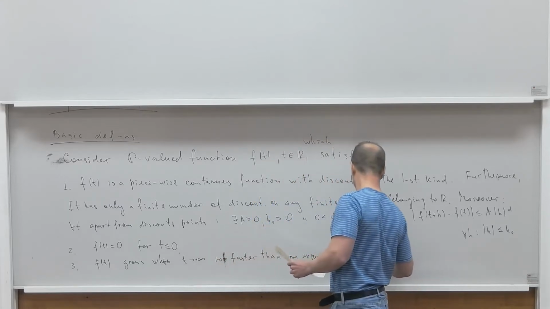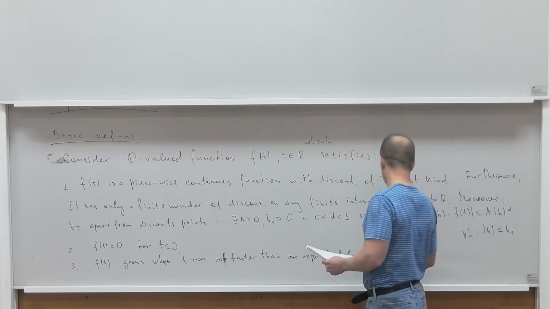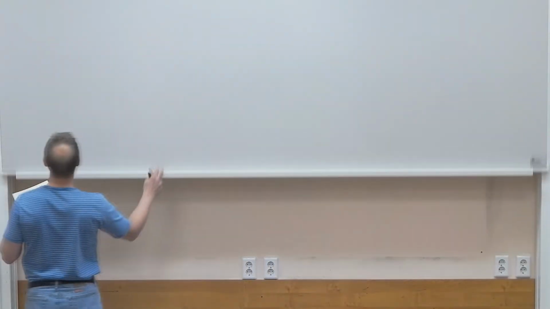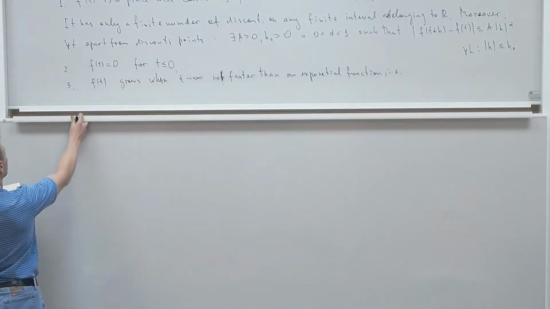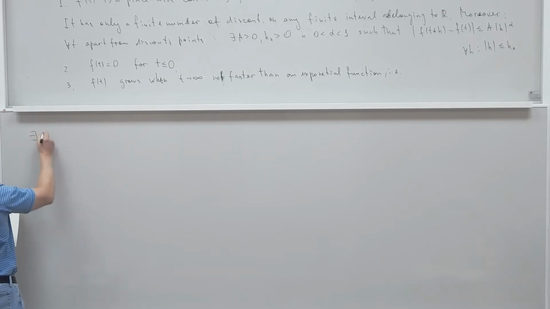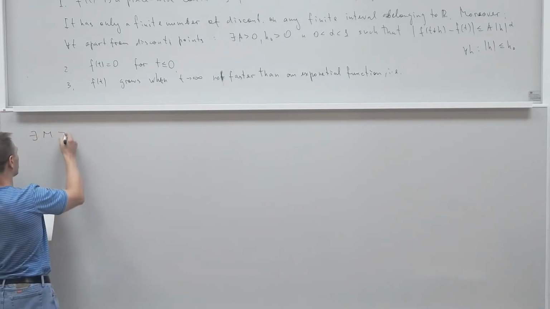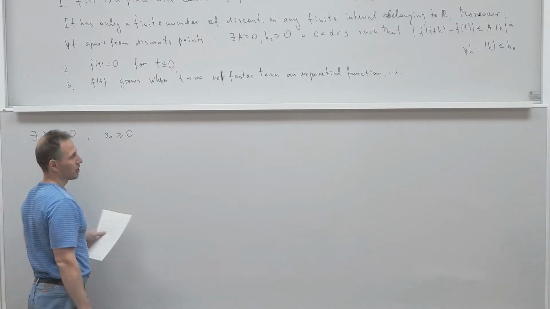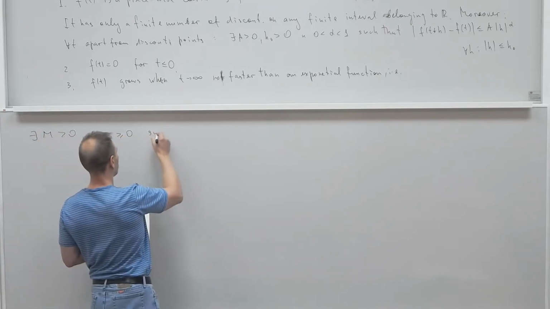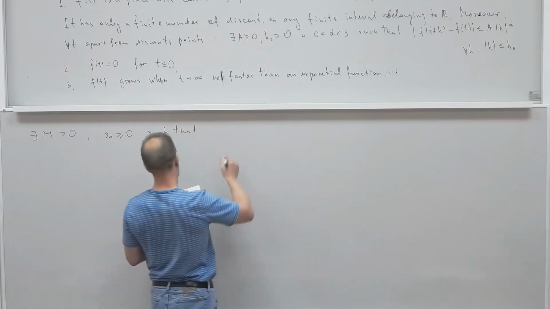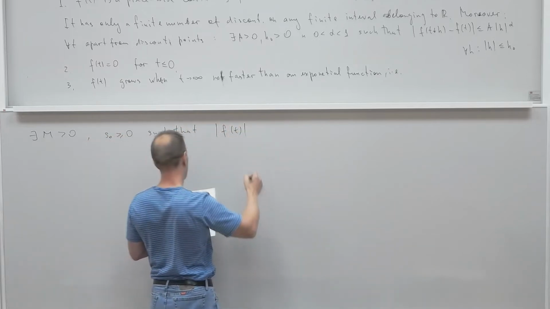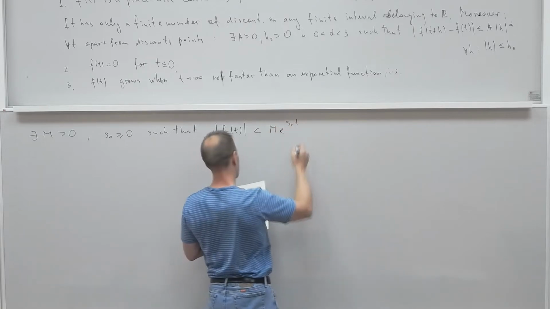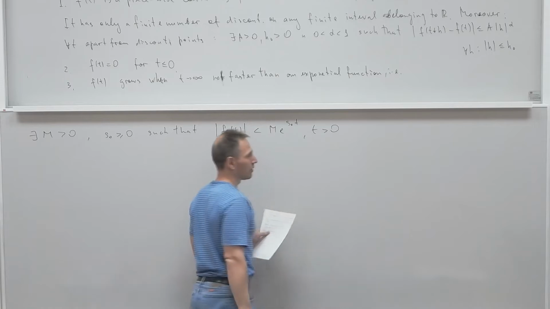In other words, it means that there exists a number m greater than 0 and some number s0 larger or equal to 0, such that the modulus of f of t is less than such a function when t is greater than 0.